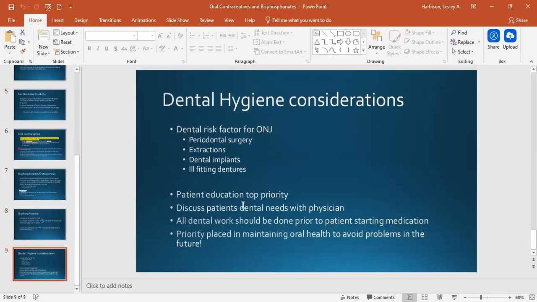If a patient is going to have some dental work, like one of these things up here, and they're on an IV bisphosphonate, they need to understand the risks. Before they start bisphosphonate therapy, they need to have had these procedures done. Discuss patients' dental needs with the physician. All dental work should be done prior to patients starting medication. Priority is placed on maintaining oral health to avoid problems in the future.